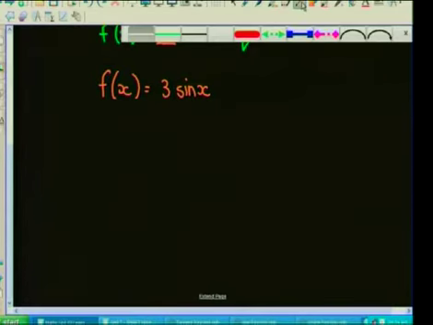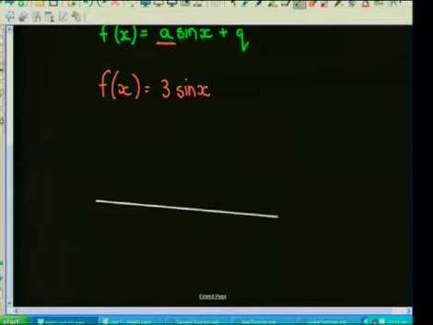I'm not going to put it on a grid, just get a basic idea.